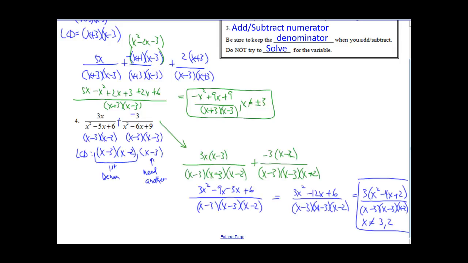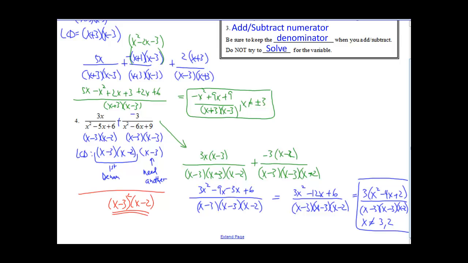Welcome back. The one thing we need to be careful with over here on the far left is your LCD. You needed an x minus 3 and x minus 2, but on the right you needed 2 x minus 3. So we have to throw one more x minus 3 in there. So your lowest common denominator is x minus 3 squared times x minus 2.